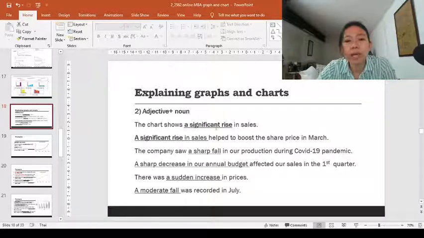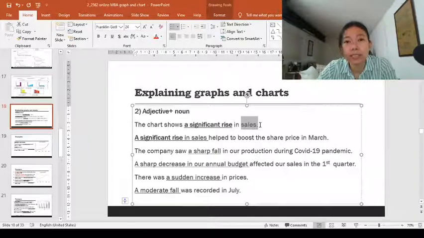So we can see that there is a significant rise in sales here. The noun phrase can also be used as the subject of the sentence, like in this sentence. A significant rise in sales is the subject and it is followed by the verb helped. So here we can use an adjective and noun to modify or to explain graphs and charts as well.